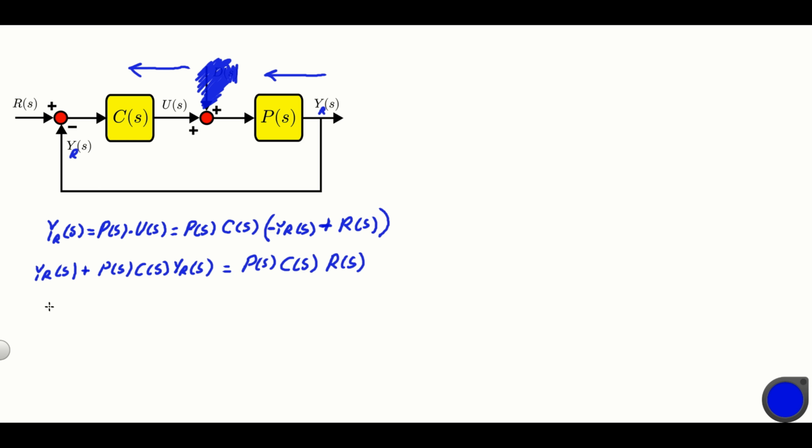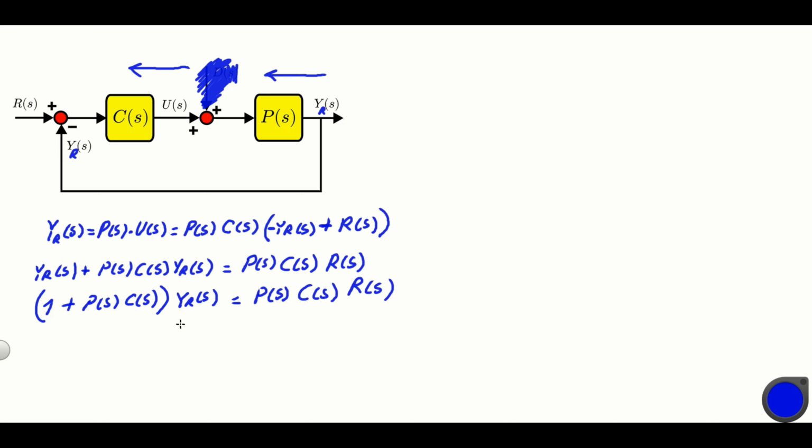And then from here, we can write 1 plus p of s, c of s, multiplying y_r of s is equal to p of s, c of s, r of s.